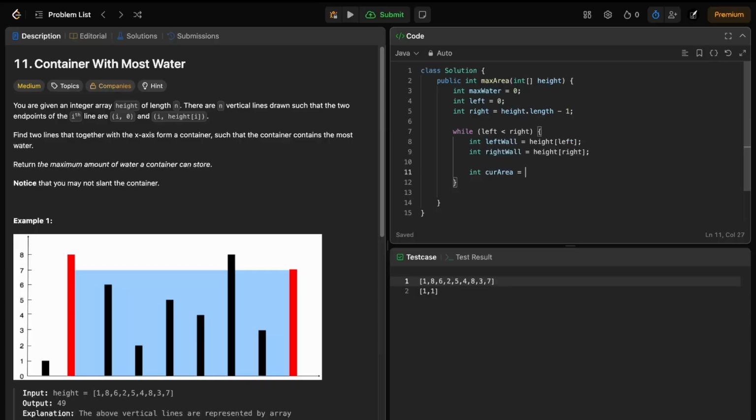Math.min of leftWall, rightWall into the distance between them. This is the distance, right? The two pointers are basically pointing to the indices. If we subtract right minus left, we will get the distance between them. So we will update our max here.